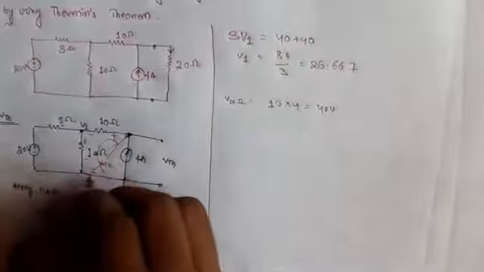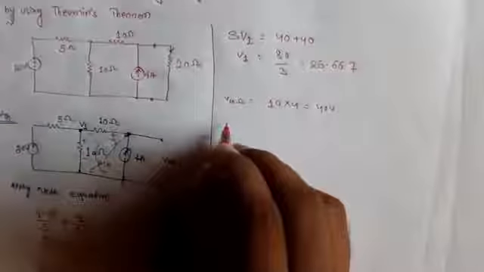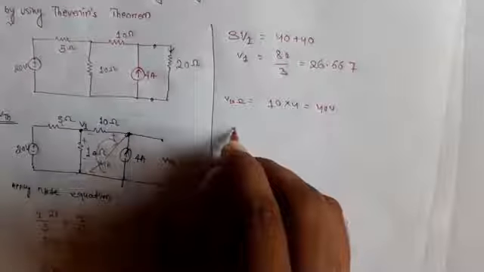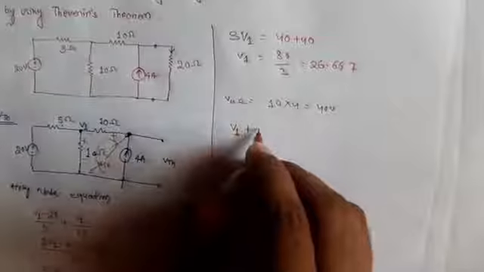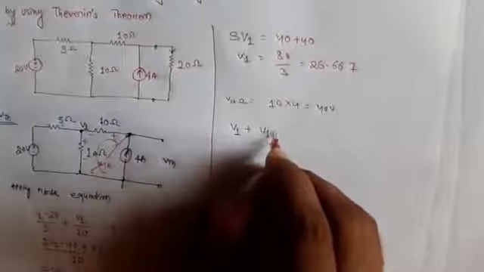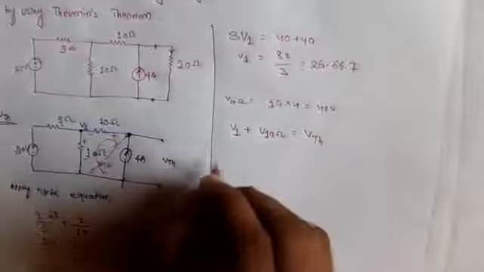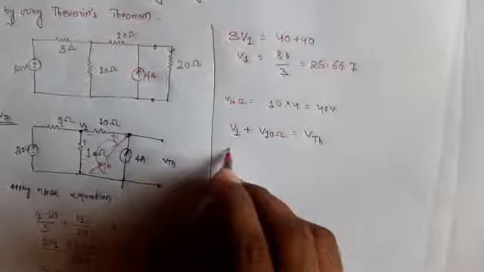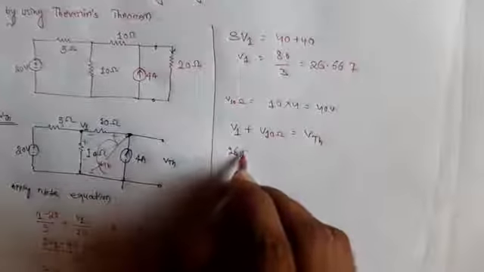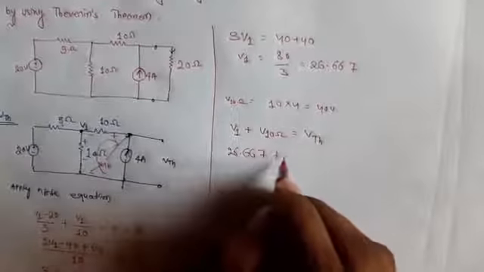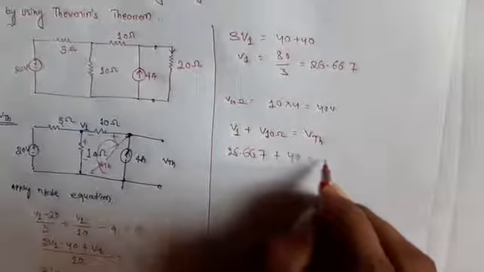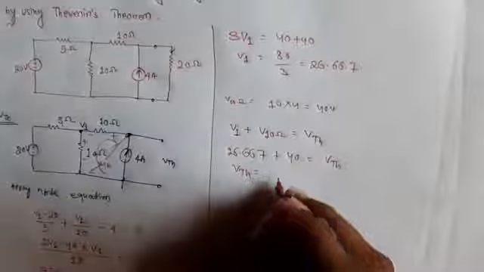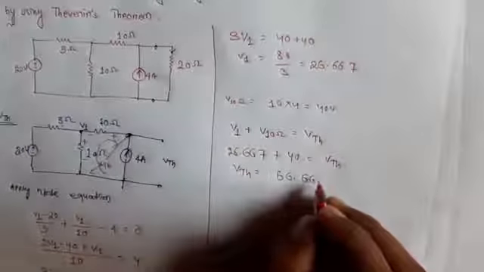This is 26.667 plus this 40 volt is equal to VTH, so VTH equals 66.667 volt.